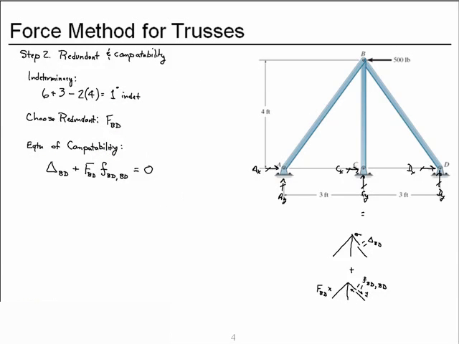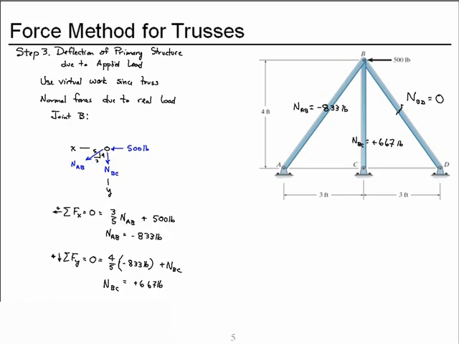In order to start the force method, we needed to figure out how many degrees indeterminate this truss is. We found it's 1 degree indeterminate. We could have chosen any of the member forces to be the redundant. I happened to choose member BD, and we wrote our equation of compatibility.